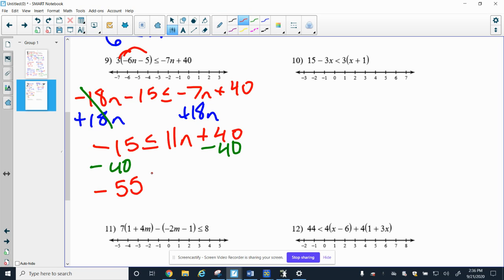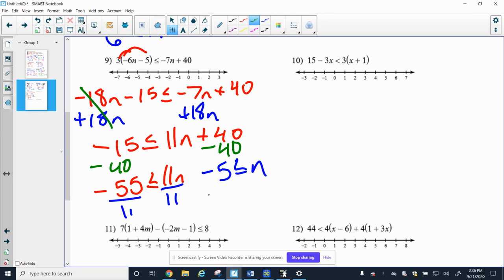Negative 55 is less than or equal to 11n. We divide both sides by 11. Remember, even though this is a negative number, we don't flip here because we divided by a positive. Okay, so negative 55 divided by 11, negative 5, is less than or equal to n.